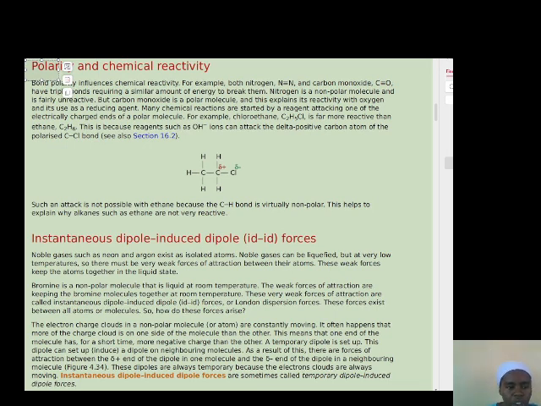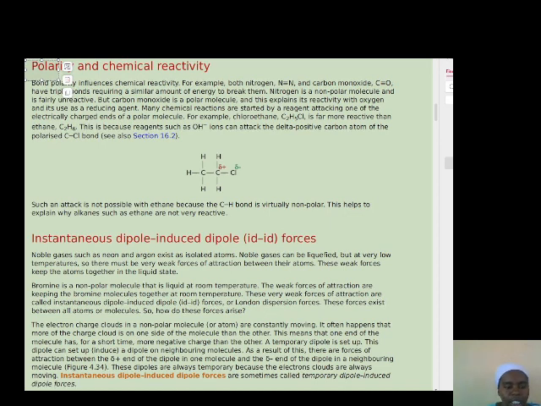Those weak forces of attraction are called instantaneous dipole induced dipole forces, or dispersion forces, and they exist between molecules. The electron cloud in a non-polar atom is constantly moving, and at one point it is concentrated on one end and at another point on the other. That creates a temporary dipole, for example in a bromine molecule, which makes one of the atoms more electronegative than the other.